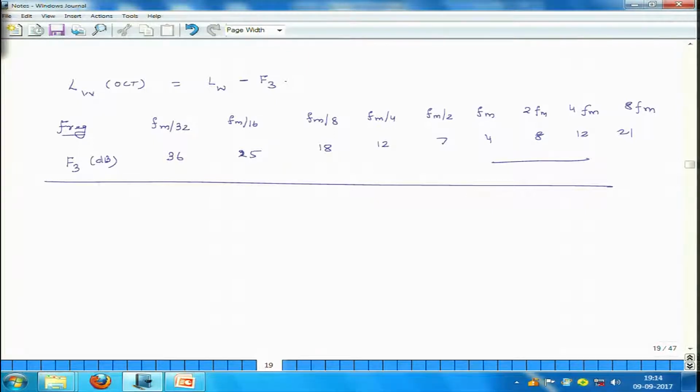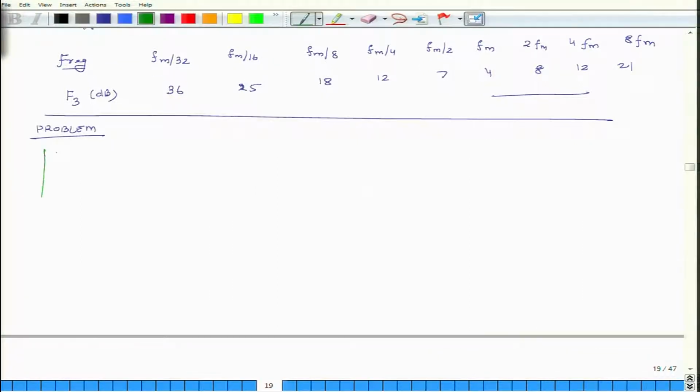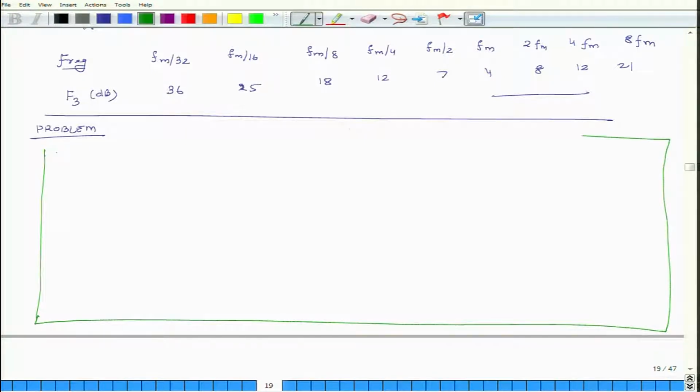Now let us try to do an example so that things become clearer. Here is the problem. You have a room and let us say we have a compressor here.